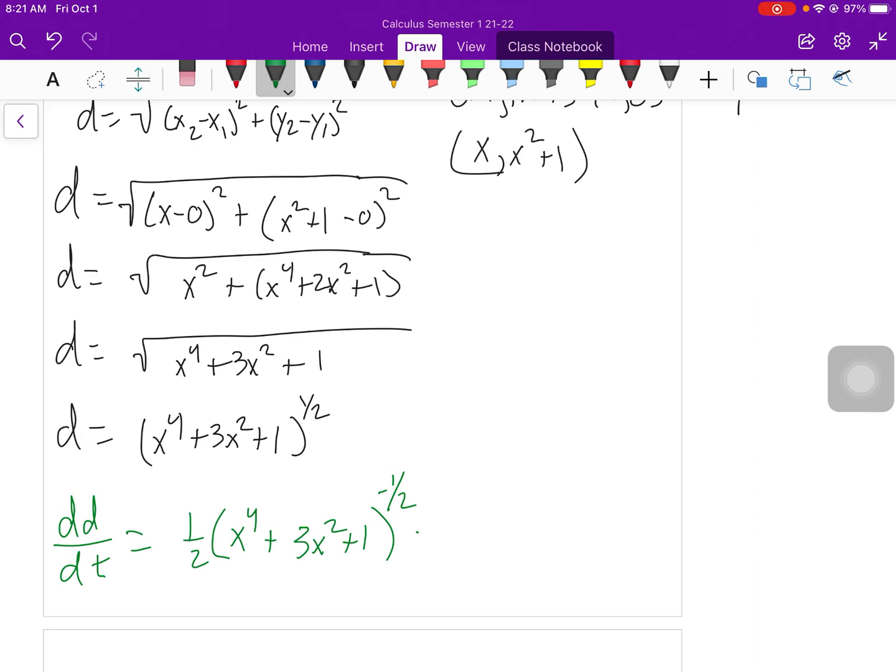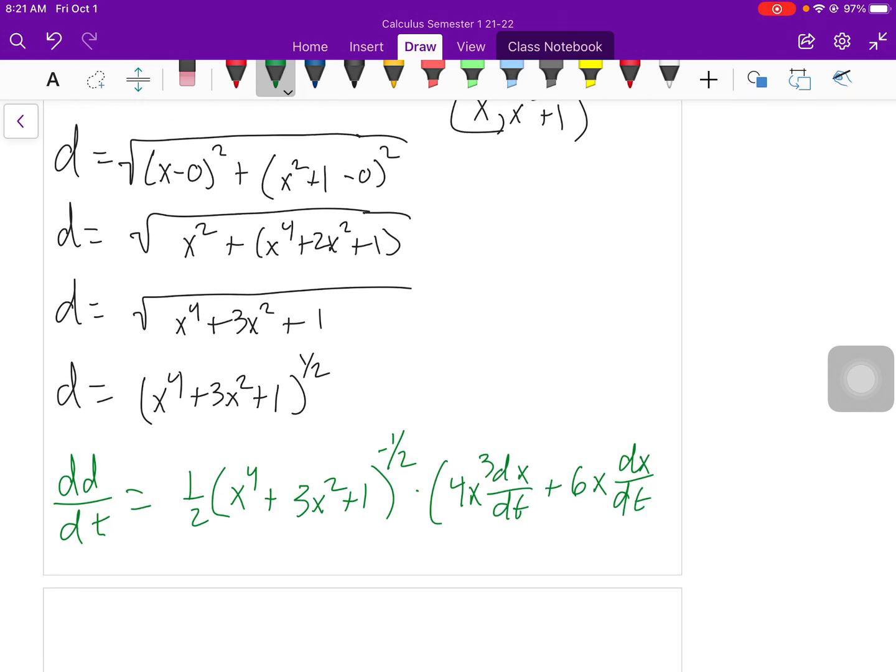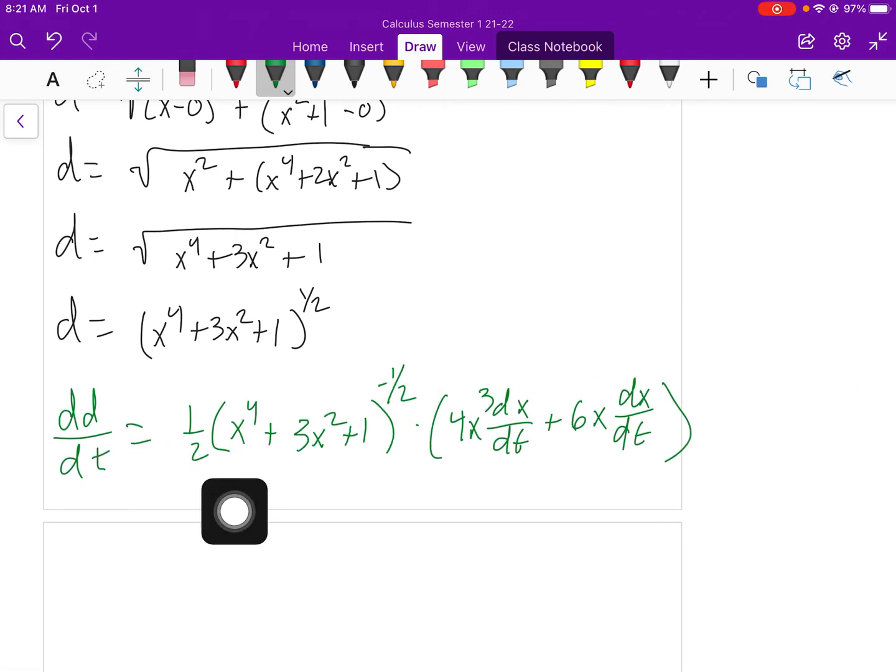Well, if I'm multiplying by the derivative of the inside now for my chain rule, that's going to give me a 4x cubed dx/dt plus 6x dx/dt, and then plus 0 dx/dt for the plus 1 piece. So I had to do the derivative of the outside times the derivative of the inside.